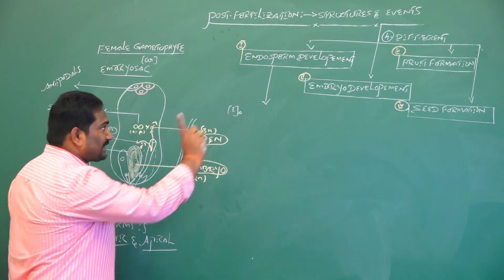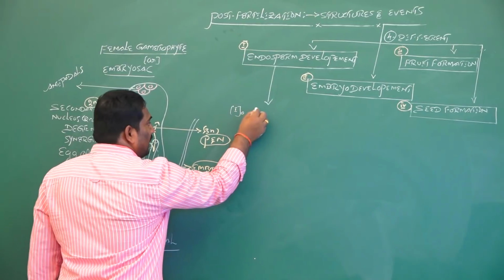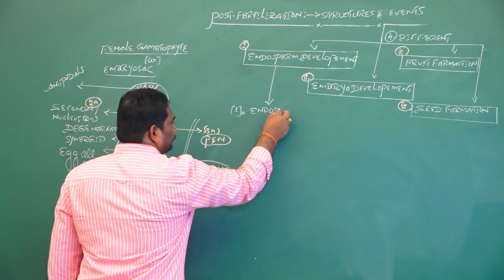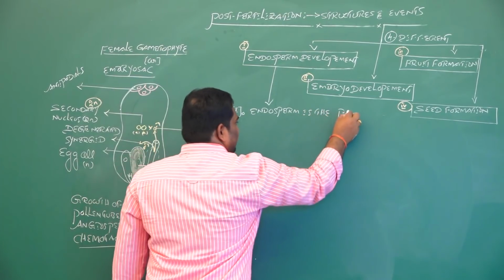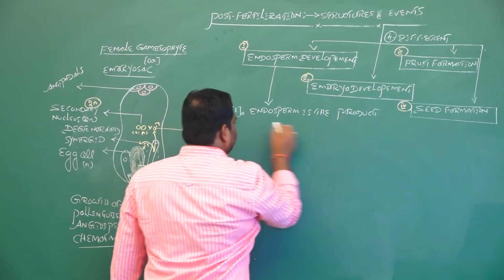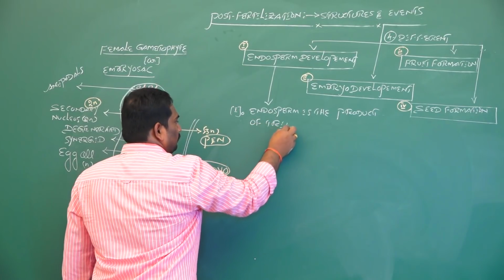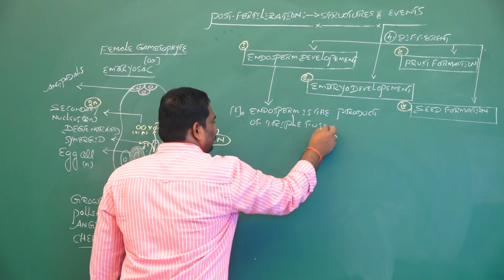So the first very important point, endosperm is the product of triple fusion.